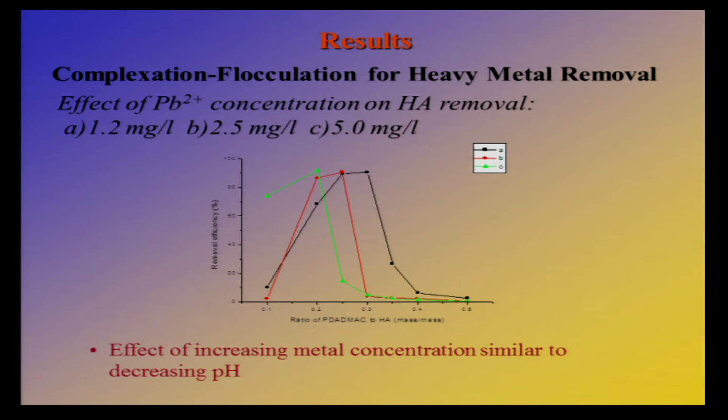So the effect of increasing metal concentration is similar to decreasing pH. And that makes sense, because if we decrease the pH, we're going to decrease the charge on the humic acid in the same way that if we increase the metal concentration, which, remember, is adsorbing onto the humic acid, it will have the same effect. It will decrease the charge on the humic acid. So going from black through red to green, you can see that the optimum flocculant dosage is decreasing. We need less flocculant because we have more heavy metals.